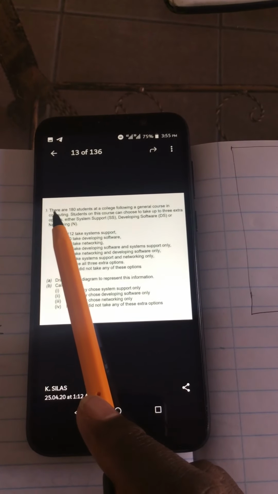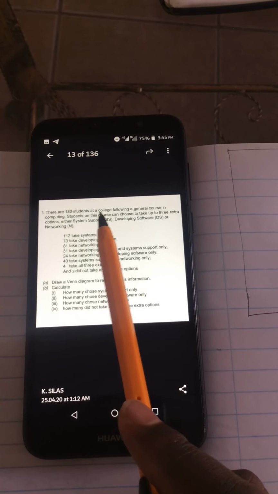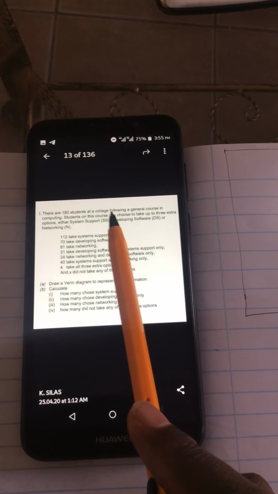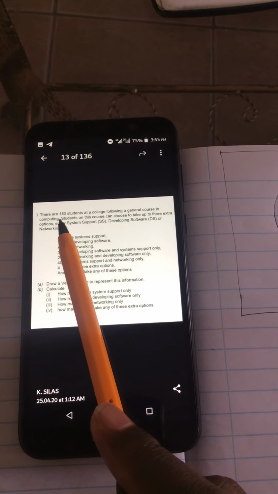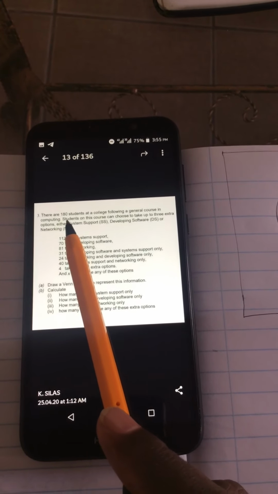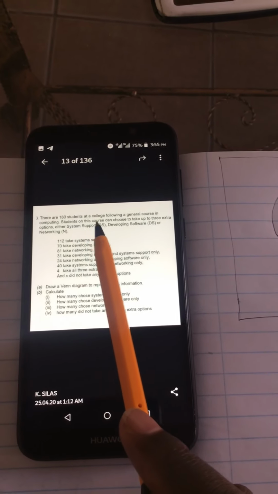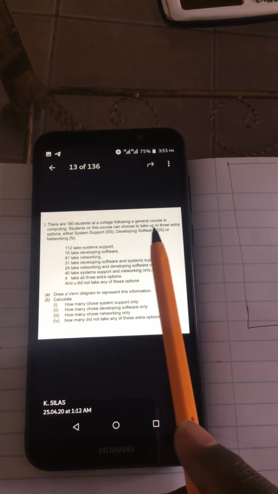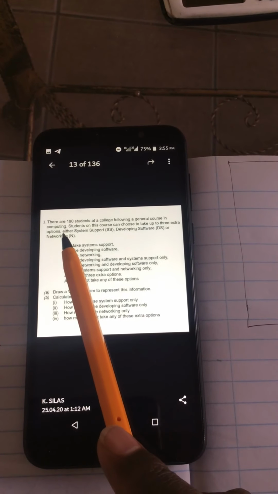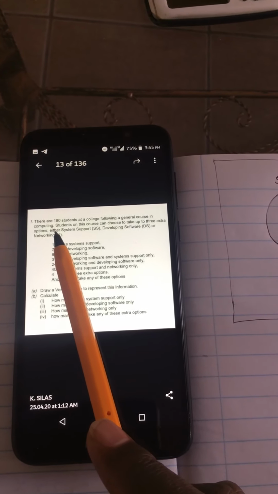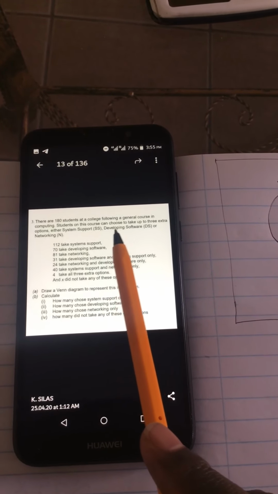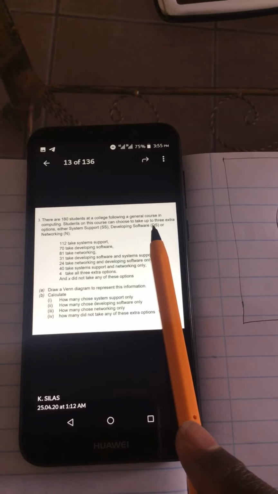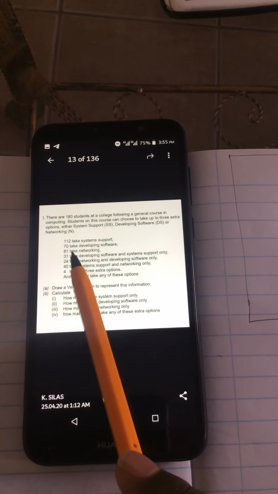The question says that there are 180 students at a college following a general course in computing. The same 180 students on this course can choose to take up to 3 extra options: either system support, which is SS, developing software, which is DS, or networking.